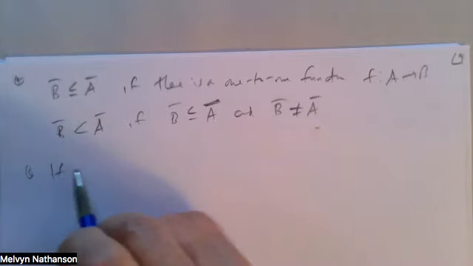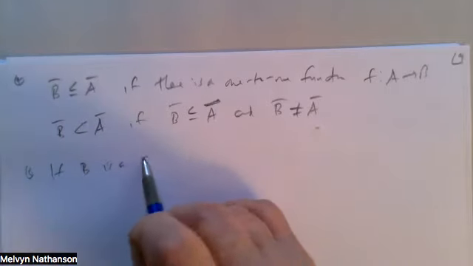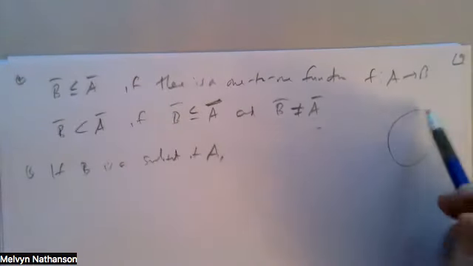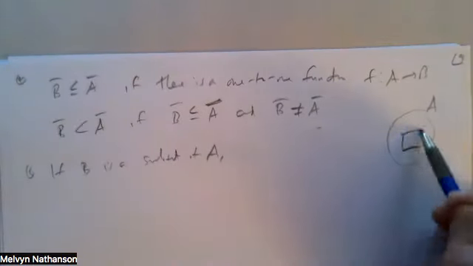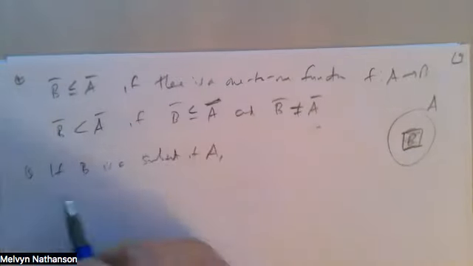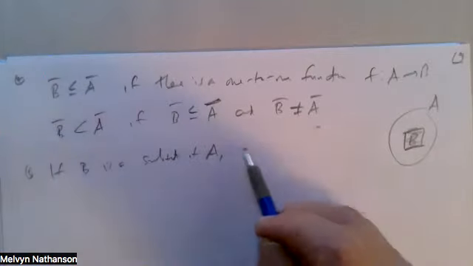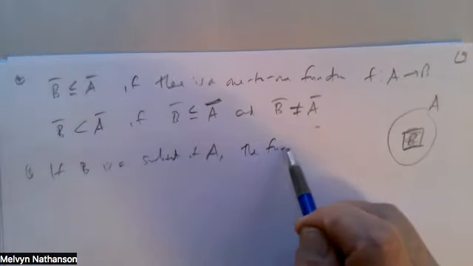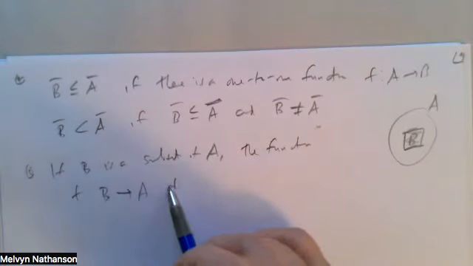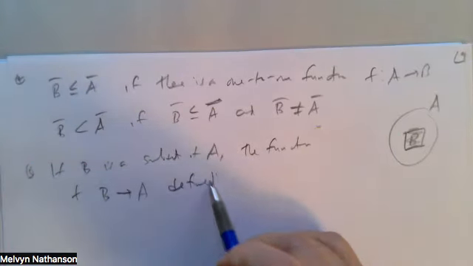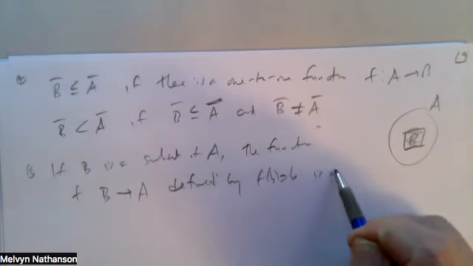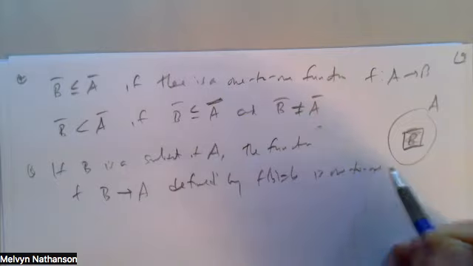And in particular, if B is a subset of A, so here we have A, and sitting inside A is the set B, the function f from B to A, defined by f of b equals b, is one-to-one.